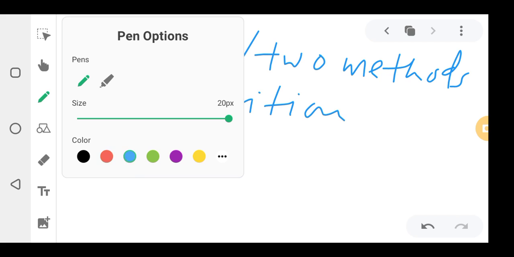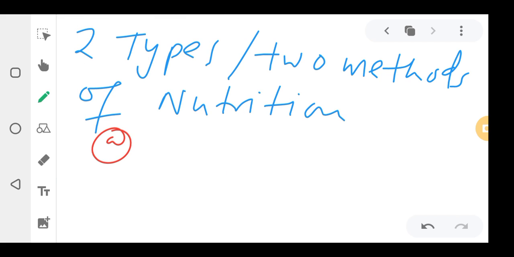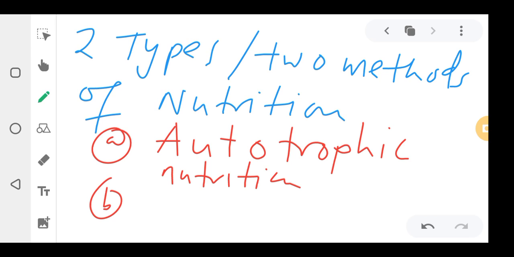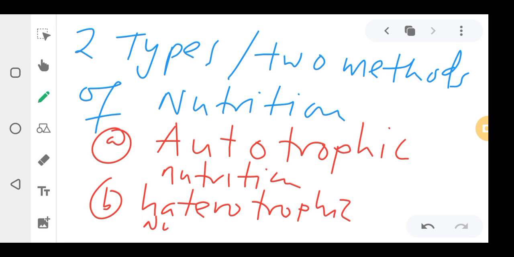The first one is autotrophic nutrition. The second one is heterotrophic nutrition.